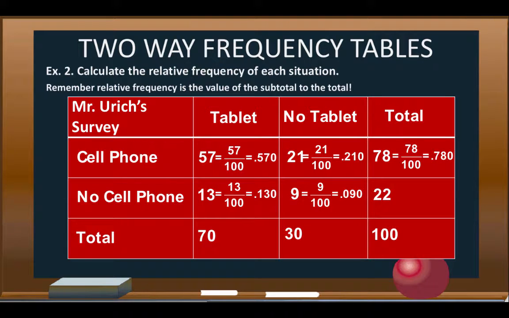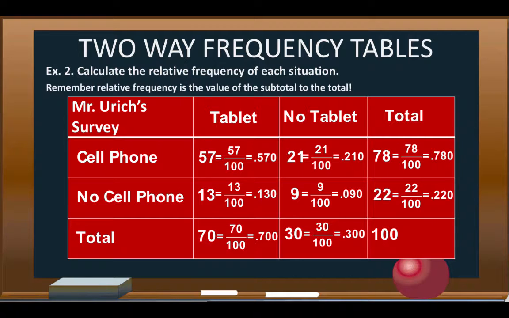And then 9% of students do not own a cell phone or a tablet. 22% of students do not own a cell phone. 70% of students do have a tablet. And 30% of students do not own a tablet.